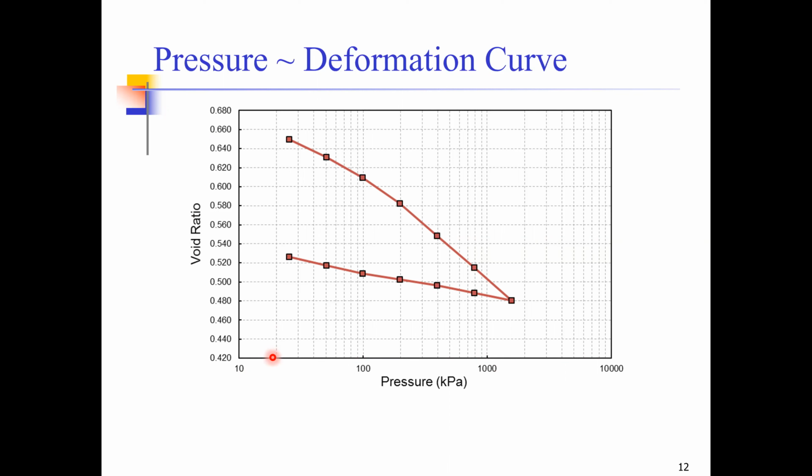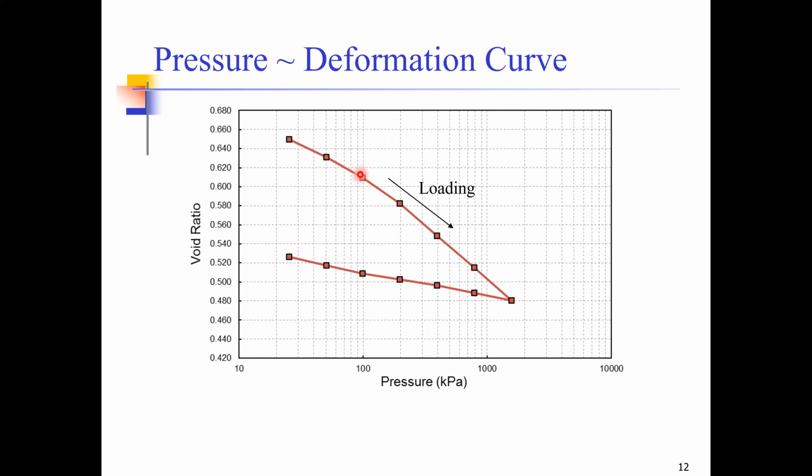And as discussed earlier, in this graph, this first part shows the loading curve, and we increase the load, apply the first loading increment, and we determine the void ratio here. We apply the second loading increment, and the void ratio reduces.